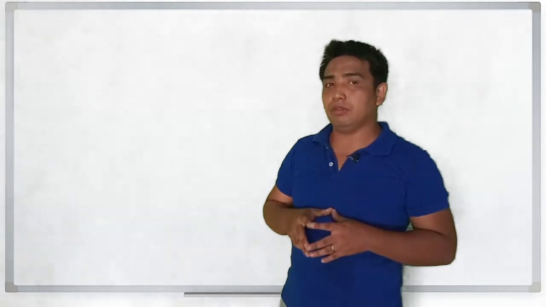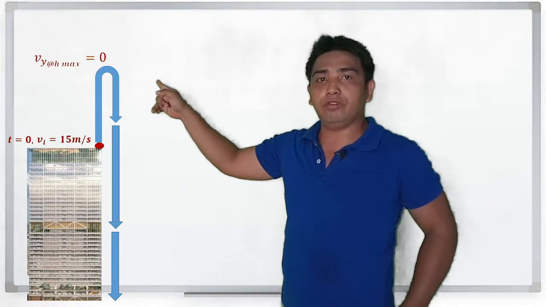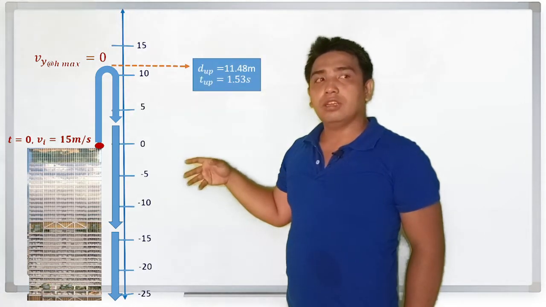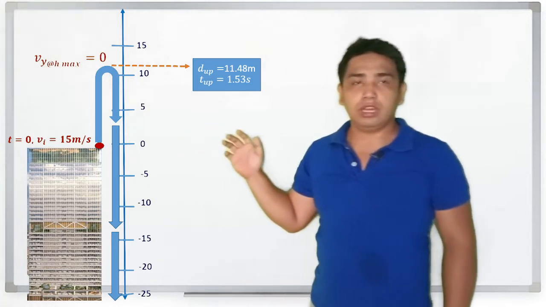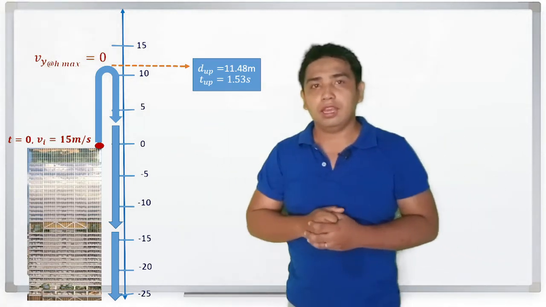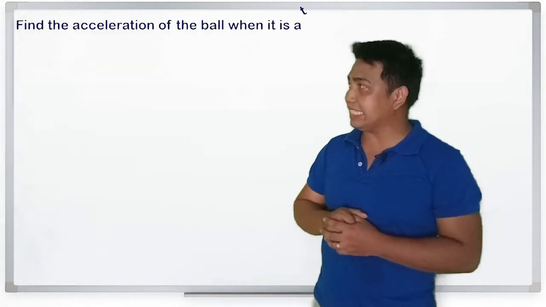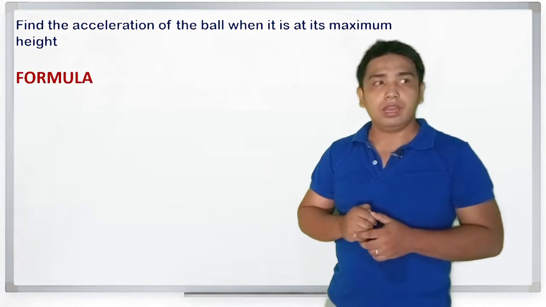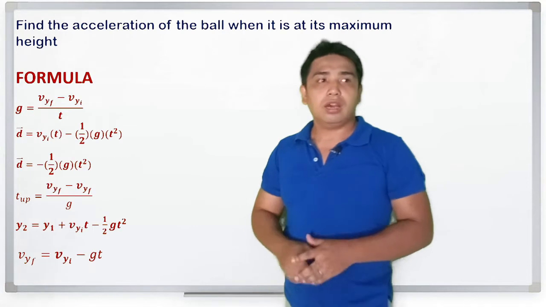Alright, so what we have found out as of the moment is the maximum height reached by the ball, which is 11.48 meters, and the time it needs to reach that point is 1.53 seconds. So next, we have to find the acceleration of the ball when the ball is at its maximum height. Alright, so you will see that we can use this formula.